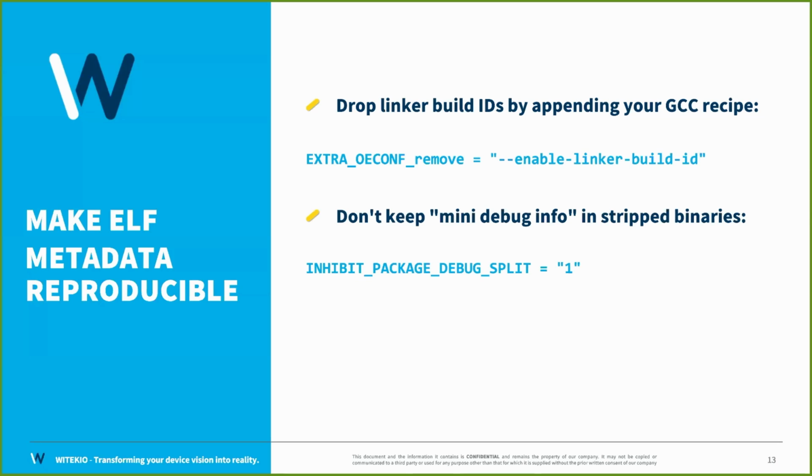Of course, this is contrary to reproducibility, and it is asked explicitly of the linker during its build, inside the class or include or recipe, or includes or classes used by the GCC recipe, because --enable-linker-build-id is passed during the build of GCC. So you have to remove it from EXTRA_OECONF. And when this is done, this is one less non-reproducibility.